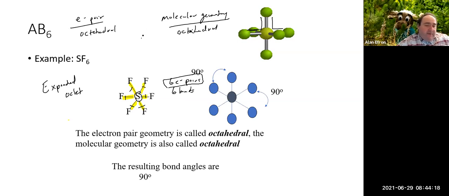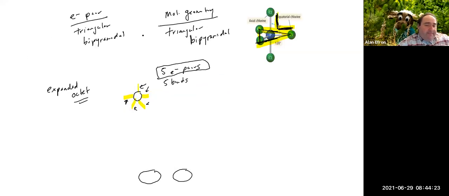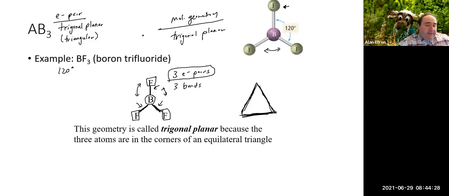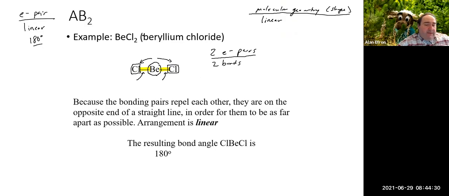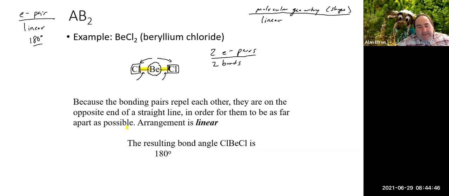And in fact, if we go back and take a peek at all of them, everyone that we talked about up until this point, the electron pair geometry name and the molecular geometry name are exactly the same. So the question is, what do these all share in common to allow those names to be the same? What they all share in common is, when we look at the central atom, there are absolutely no non-bonding electrons.